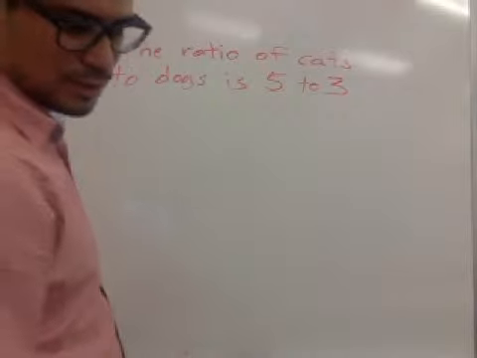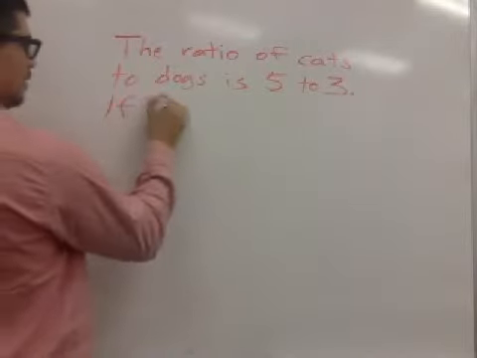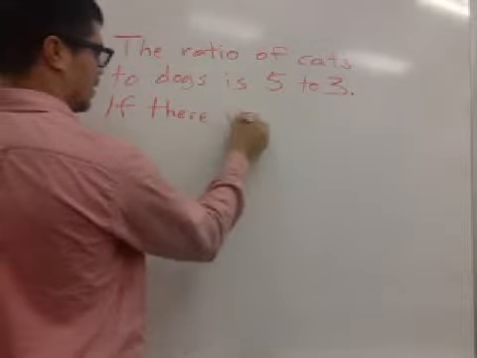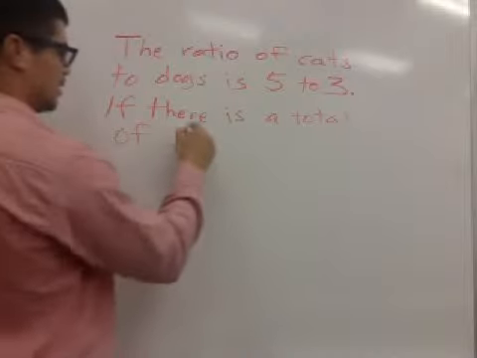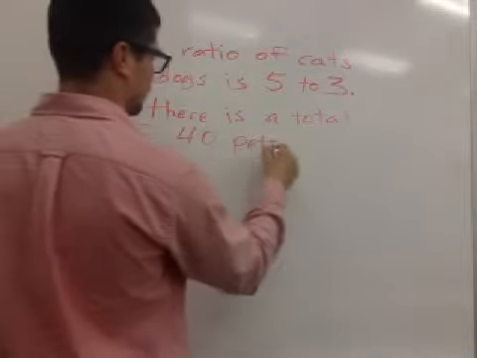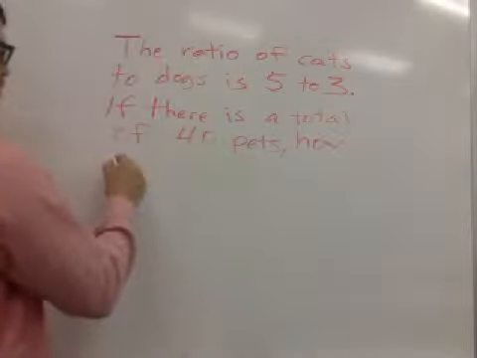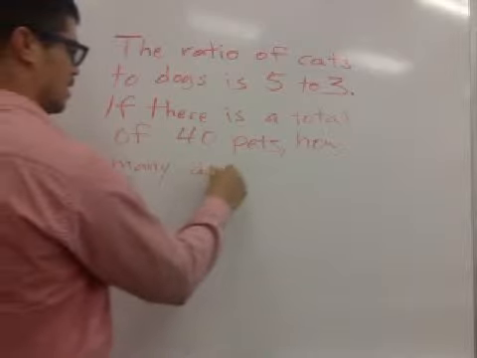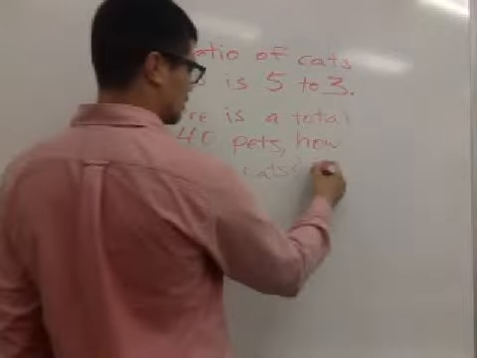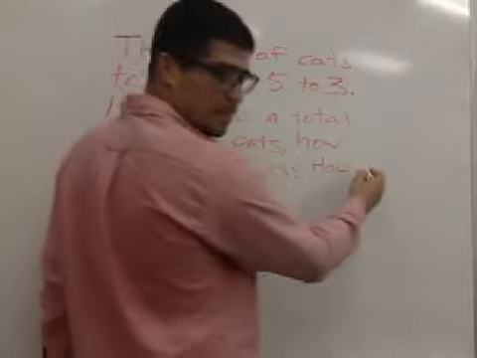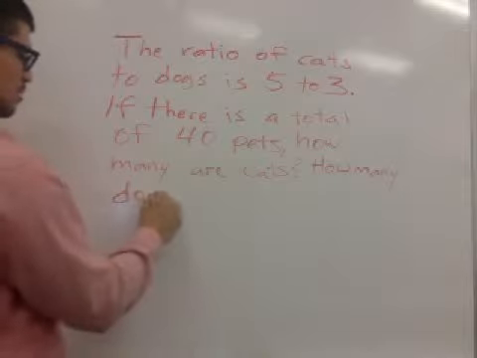If there's a total of 40 pets, how many are cats? How many are dogs?